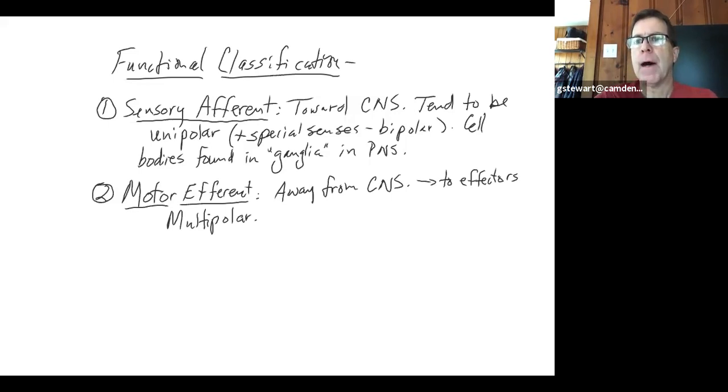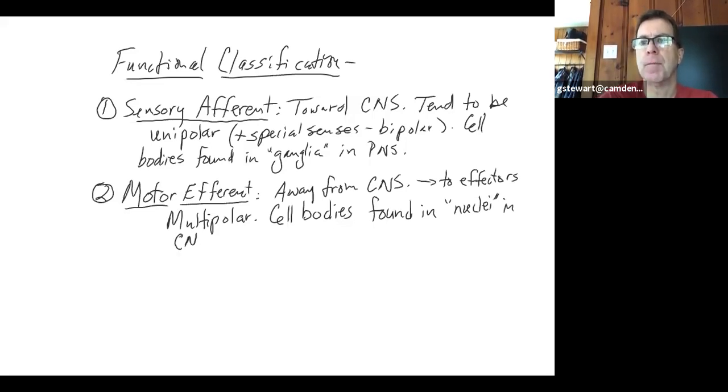And their cell bodies tend to be found in clusters called nuclei, N-U-C-L-E-I, inside the central nervous system. So even though motor neurons, if you're confused a little bit, how are their bodies found in the central nervous system?